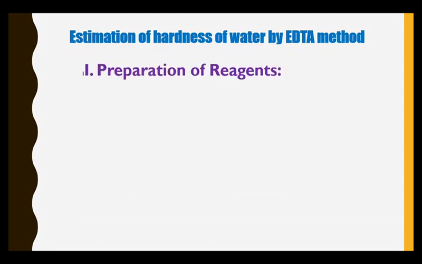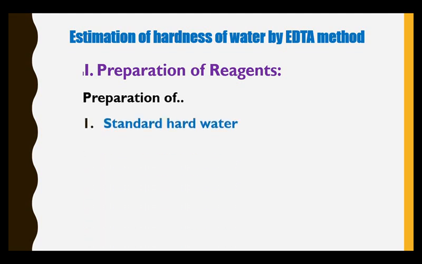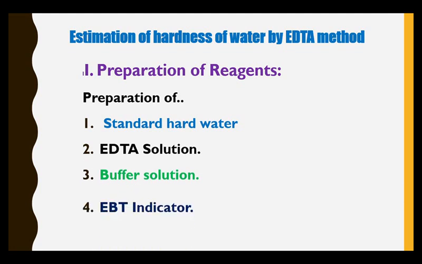Coming to the preparation of the reagents, we need to prepare a primary standard hard water, EDTA solution, buffer solution and EBT indicator. In order to prepare them, the requisite amount of the required chemicals can be added and accordingly the solutions can be prepared. I'm sharing the notes with you, please go through them, you can understand it.